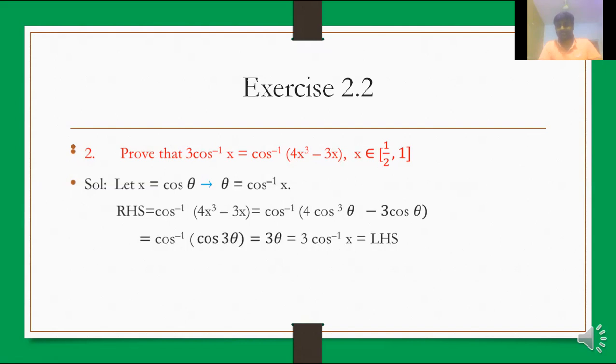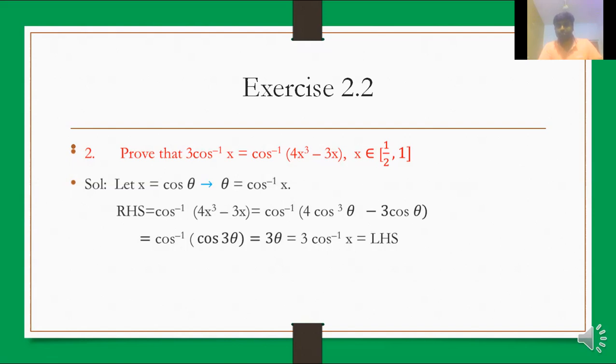Which means the 3 sin inverse x result will come from the sin 3 theta formula. Let me come again. Actually, this is question number 1, it was not given here. Question number 1 in exercise 2.2.